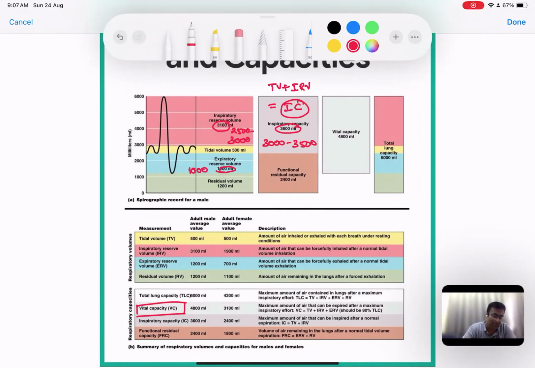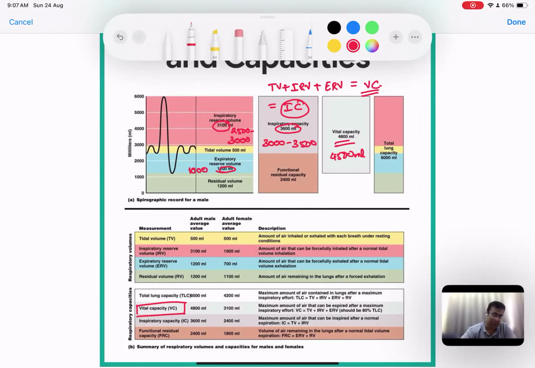So TV plus IRV plus ERV, that is expiratory reserve volume, also called supplemental air, is vital capacity, VC. Now, vital capacity is approximately around 4,500 ml. So I'm repeating the definition of vital capacity. It is the maximum amount of air that can be expired after a maximum inspiratory effort.